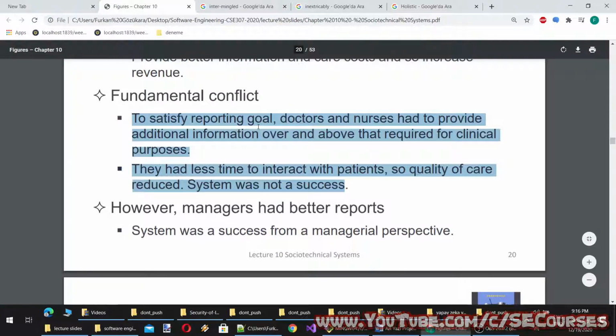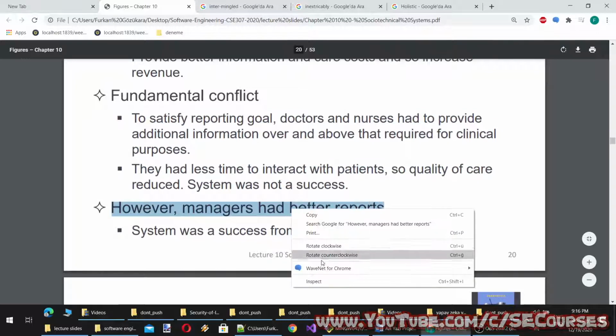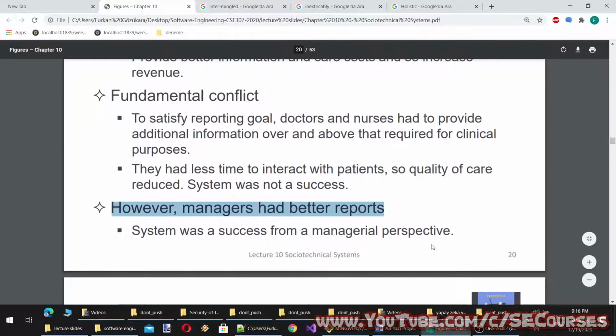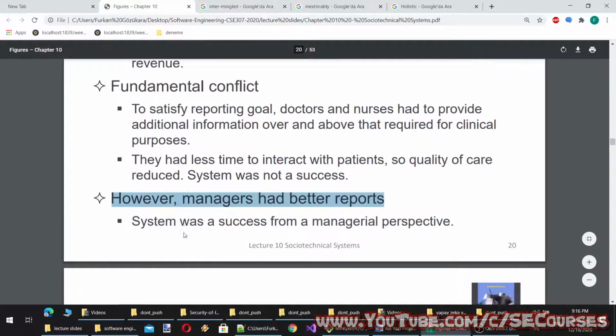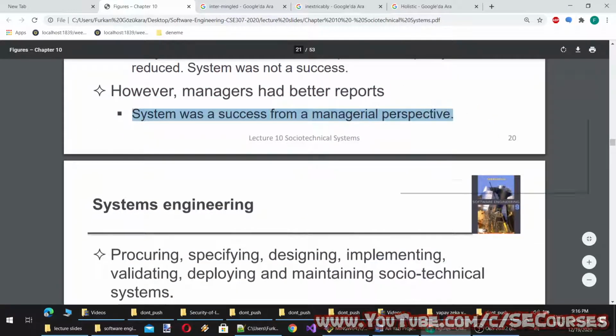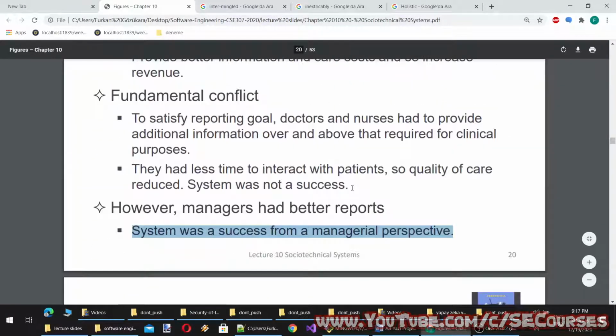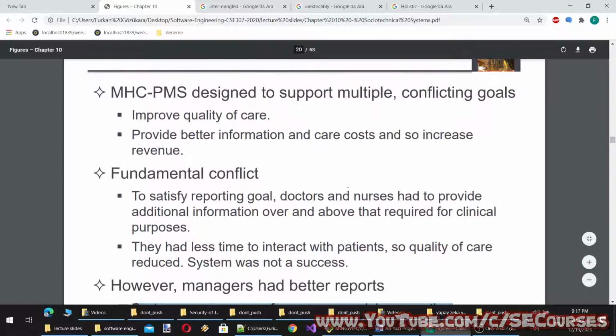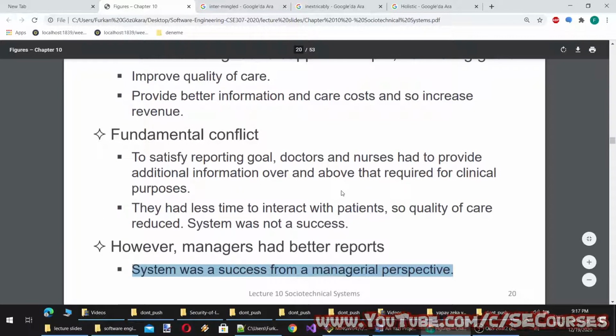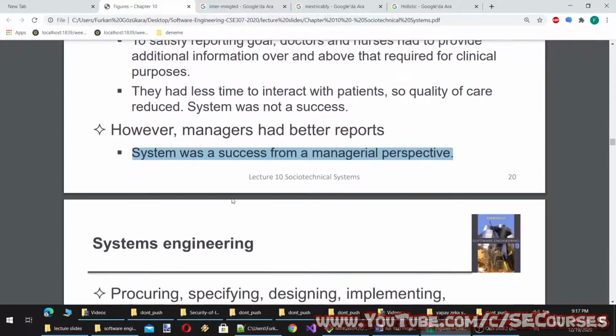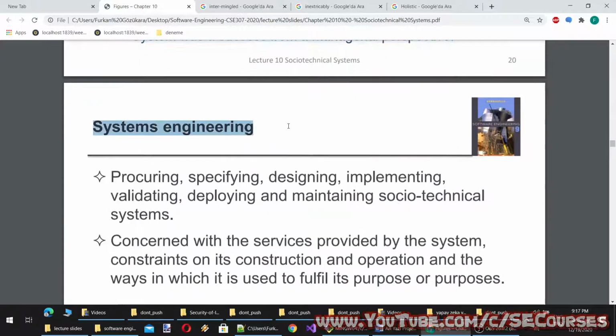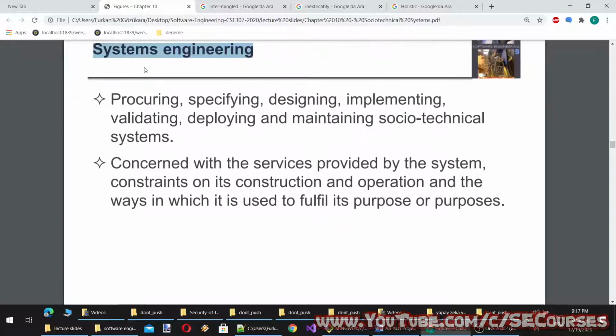They had less time to interact with patients, so quality of care was reduced. The system was not a success. However, managers had better reports. The system was a success from a managerial perspective. So you see, within a system different components can have different success criteria, success rates, and such.